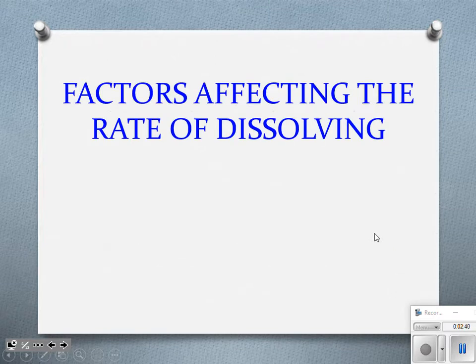So what are some factors that affect the rate at which something will dissolve? Well, first of all, if we increase the surface area. How are we going to increase the surface area? We're going to make it smaller.